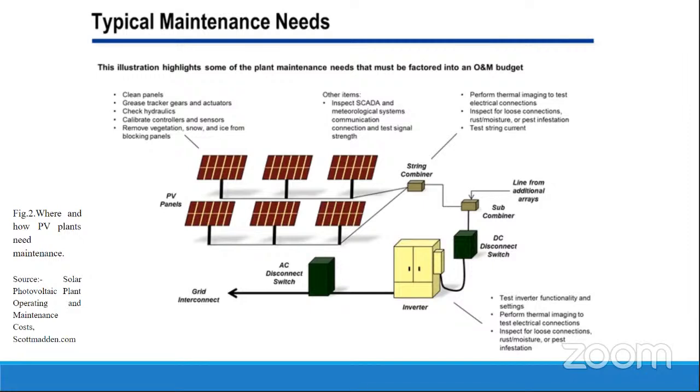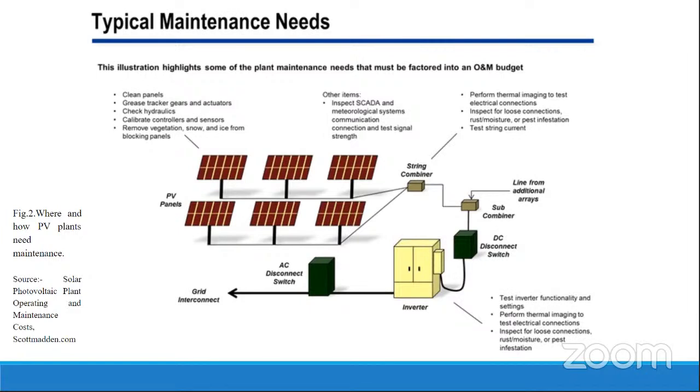Here you can see I have pasted a picture showing the different components that need maintenance. In the panels, the panels need to be clean. If the panels are mounted on trackers, then the trackers need to be greased, the hydraulics need to be checked, and the controllers and sensors should be calibrated so as to provide better information on how the generation is going.